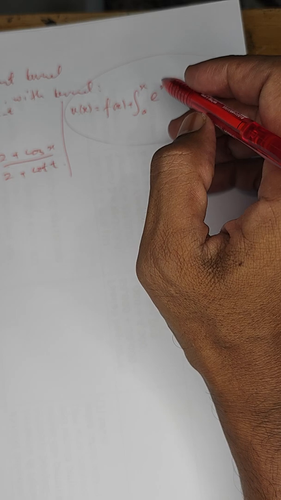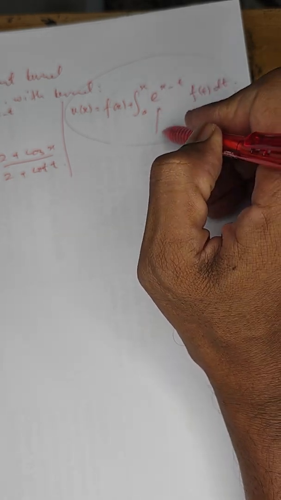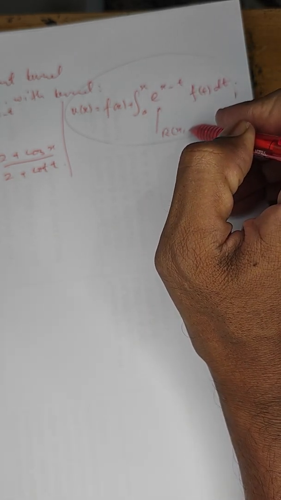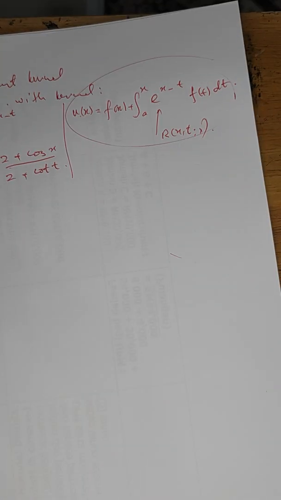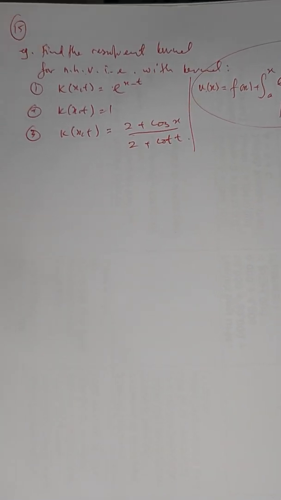Now we are going to find the resolvent kernel R(x,t;lambda). So I'll do the first one, and the second and third you do as an exercise.